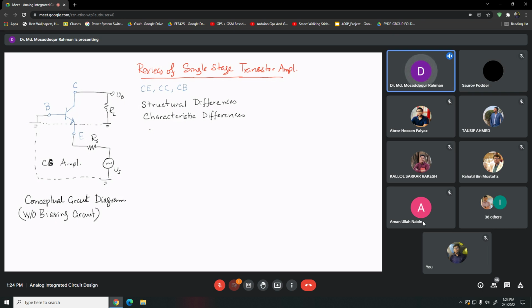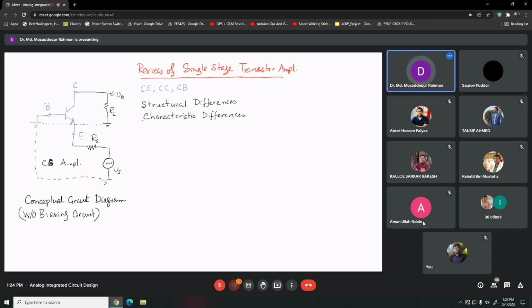So these circuits I have shown just to show you the main concept of the different amplifier configurations, the ones that distinguish common emitter, common base, and common collector. What are the distinguishing features?